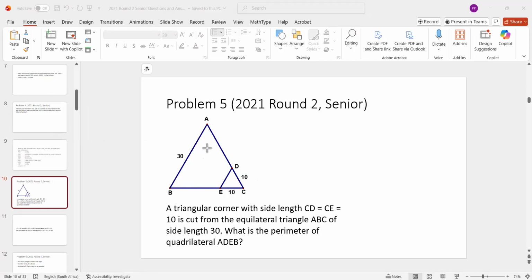So this large triangle is an equilateral triangle, and this is isosceles here, and because the 2 sides are 10, which means that the angle is 60 degrees already, and this is isosceles, so this is also equilateral, because the other 2 angles add up to 120, and they are equal.